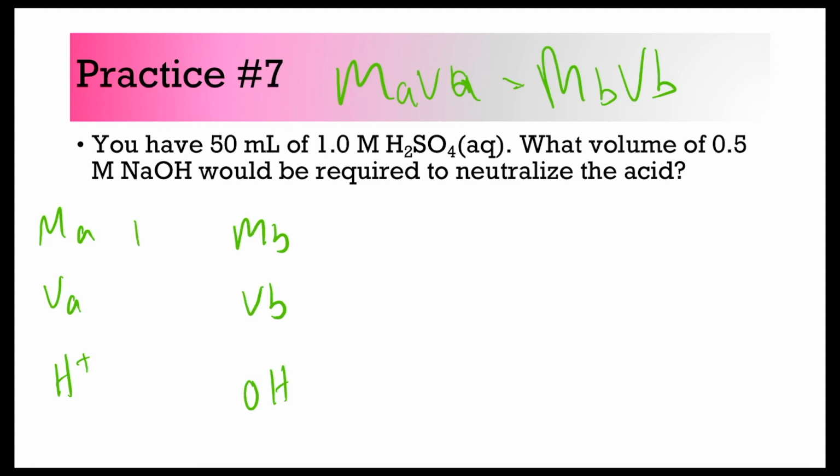That's our acid. So 1 molar, 50 mL of it gives off 2 H's. What is the volume of, so we're looking for Vb, a 0.5 molar solution of NaOH that gives off 1 OH group.